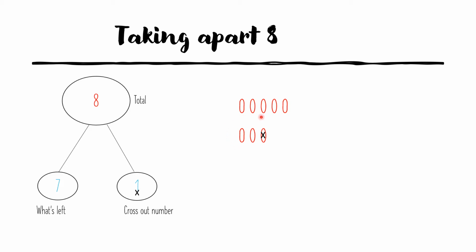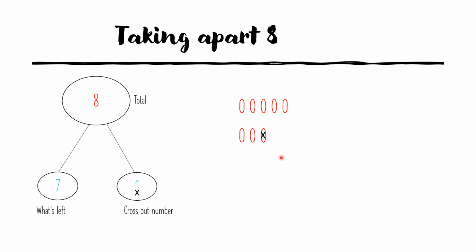That's right. There are 8 circles altogether. Let's count. 1, 2, 3, 4, 5, 6, 7, 8. This number belongs in the whole because it represents the total number of circles we have.